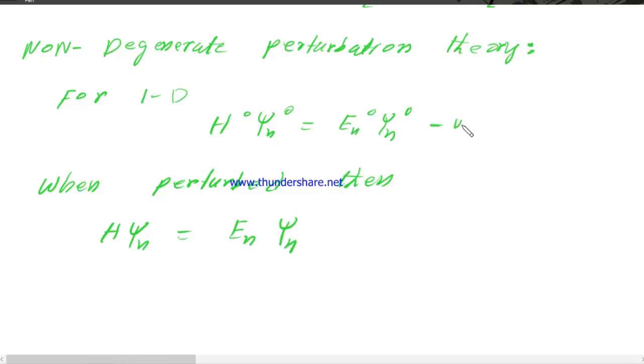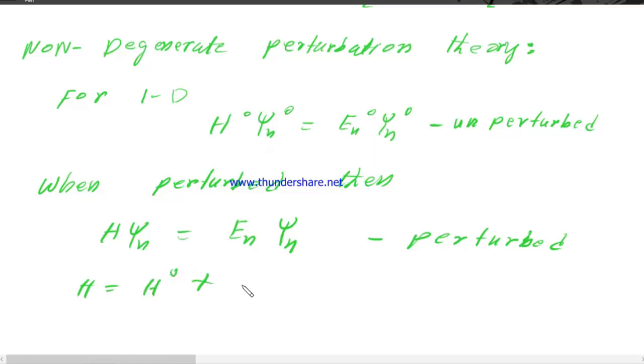This is for the unperturbed, and this is for the perturbed system. So then the total Hamiltonian is H0, this one, plus the change in the Hamiltonian of the system.